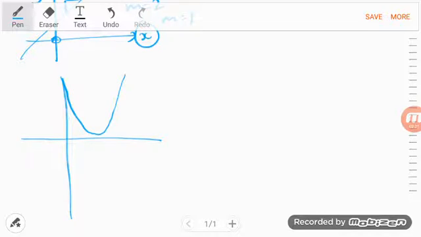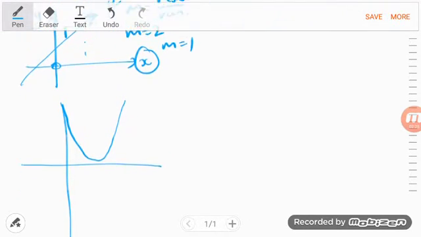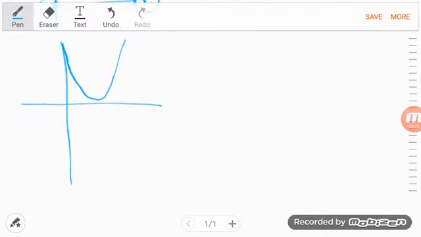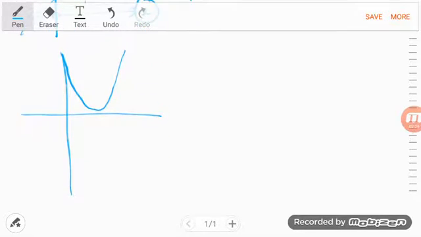It's not consistent. So what we end up with is an equation to describe that gradient. So in this case, our vertex is 0 at about here. It's a positive parabola. And it looks like a pretty average parabola.